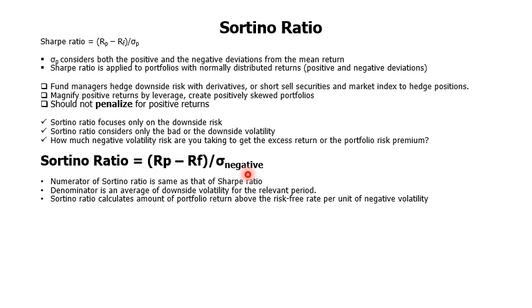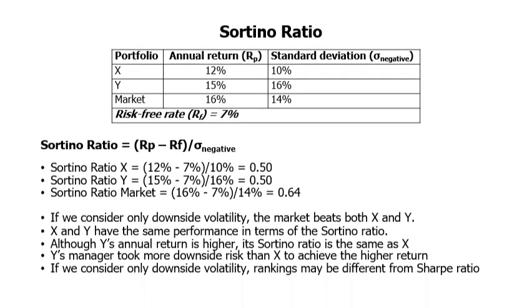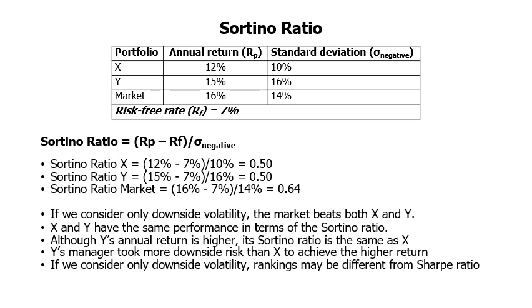Basically, the Sortino ratio calculates the amount of portfolio return above the risk-free rate per unit of negative volatility. Let's take an example to understand this.